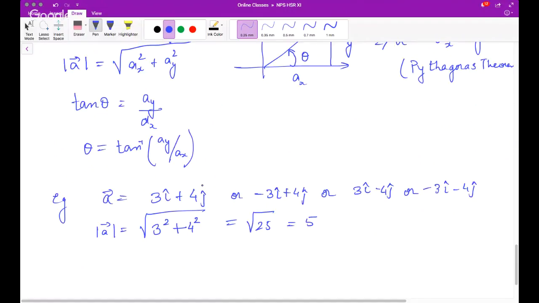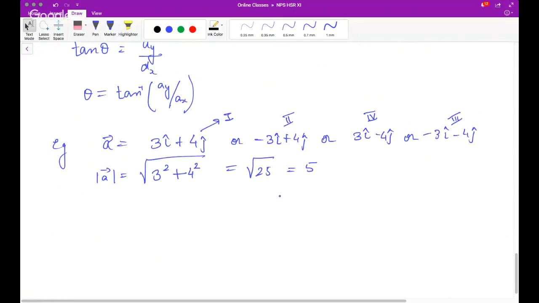For example, this vector is in the first quadrant, this one is in the second quadrant, this one is in the fourth quadrant, and this one is in the third quadrant, if you see carefully. So this is how we find the magnitude of a vector if the components are given, and the direction as well.